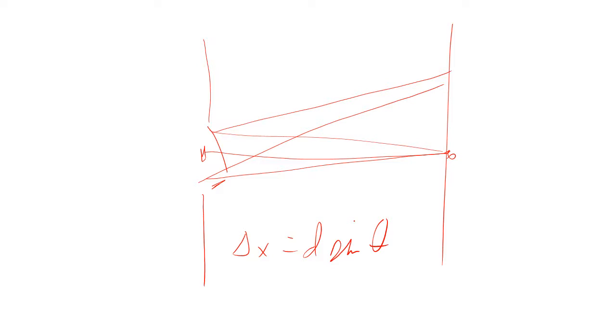And so if d sine theta is equal to m lambda, we get constructive interference, or if it's m plus 1/2 lambda, this right here is destructive interference.